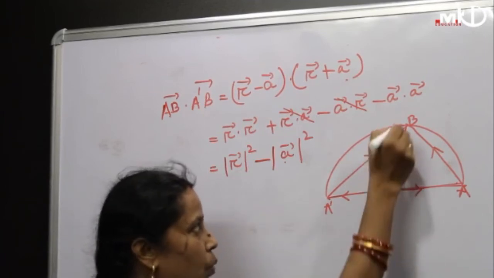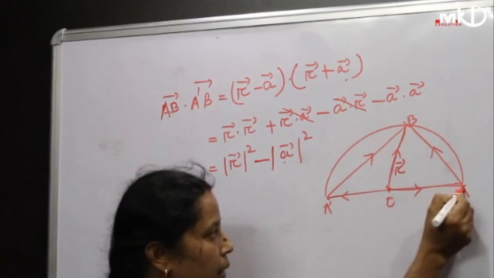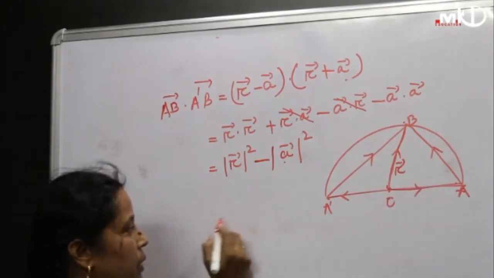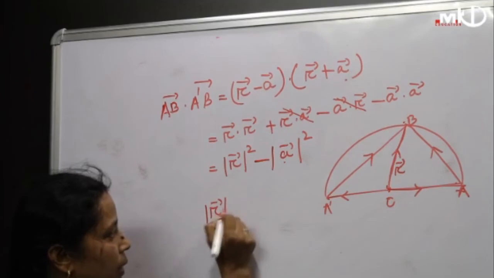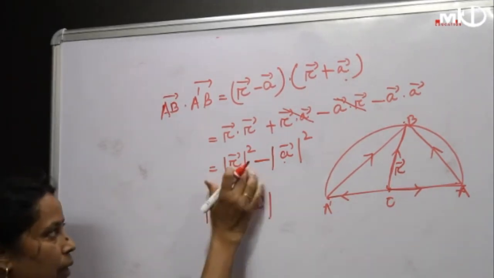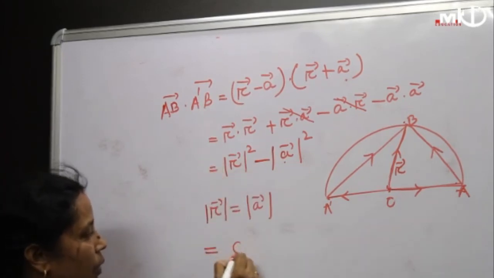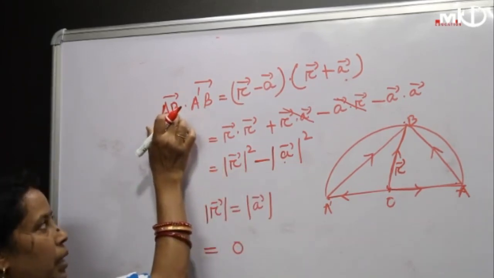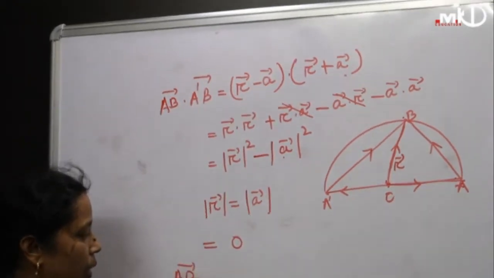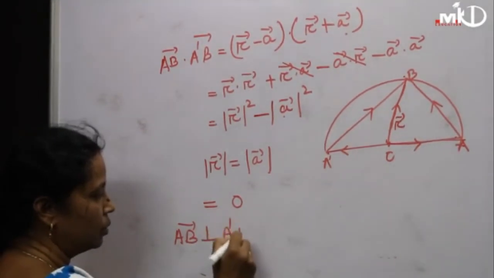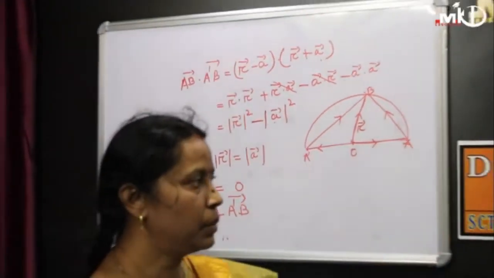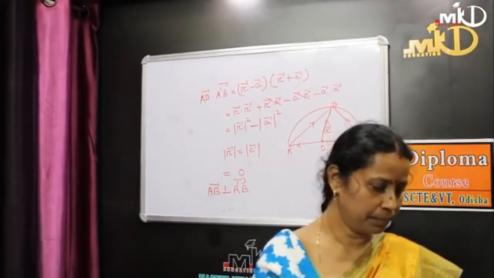But the magnitude of OB vector and OA vector is the radius of the circle. That means the modulus of vector R is equal to the modulus of vector A. So the dot product is equal to 0. Since the dot product of these two vectors is equal to 0, ultimately we prove AB vector is perpendicular to A dash B vector, or the angle in a semicircle is a right angle.